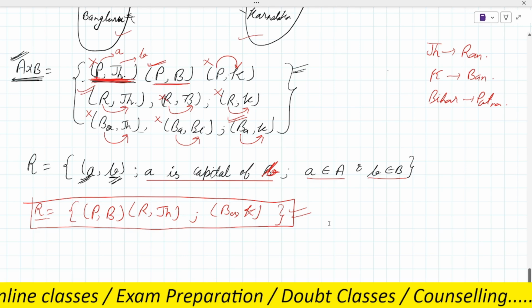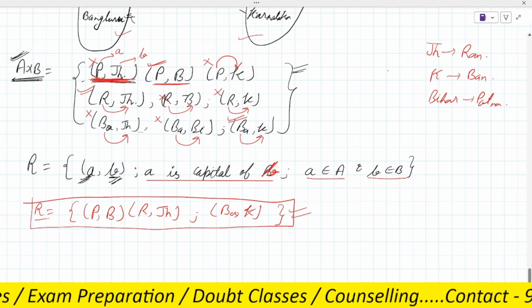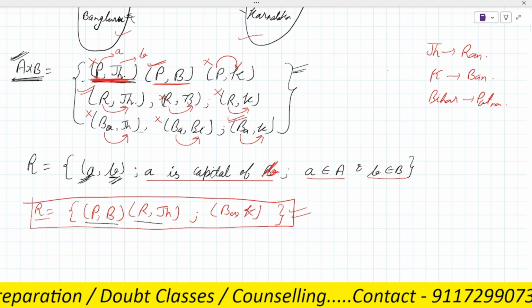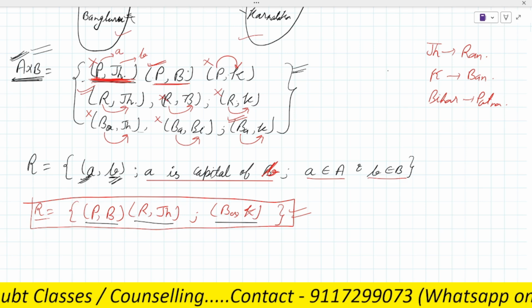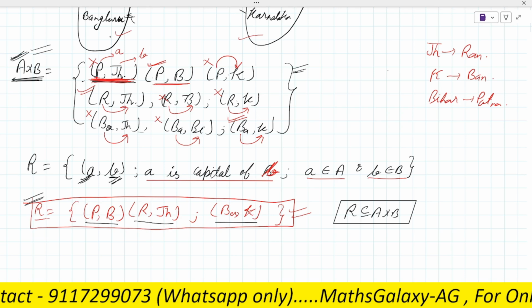So as you can see, this is the first element, this is the second element, and this is the third element, which are all also in A cross B. So R is the subset of A cross B and its elements hold the relation. So this will be the relation of A cross B.